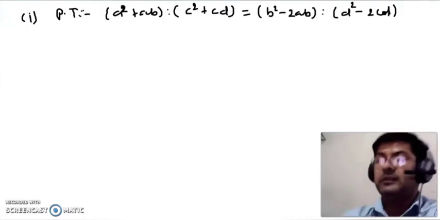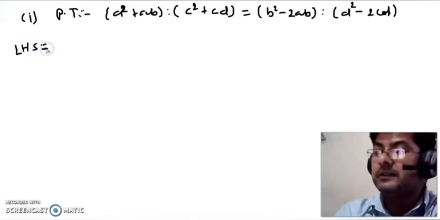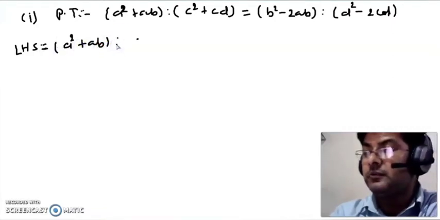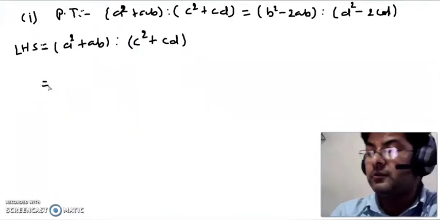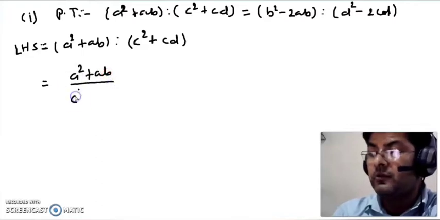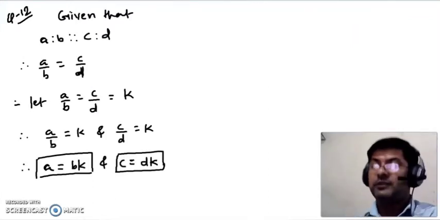Now let us take the left hand side first. LHS is equal to a square plus ab is to c square plus cd. We can write this ratio in the fraction form for better understanding. Now once again value of a is bk and value of c is dk.